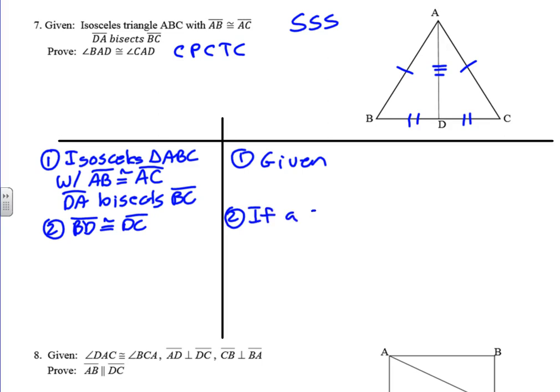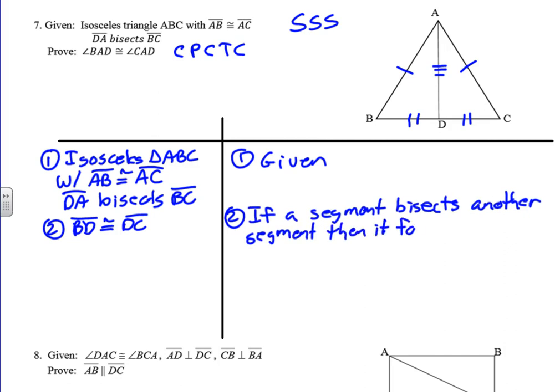If a segment bisects another segment, it's not cutting an angle, it's cutting a segment, then it forms two congruent segments. Or sometimes we say it divides it into two congruent segments. Okay, so that's our second.